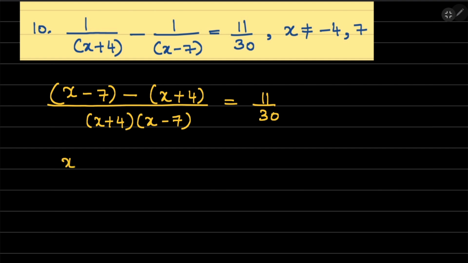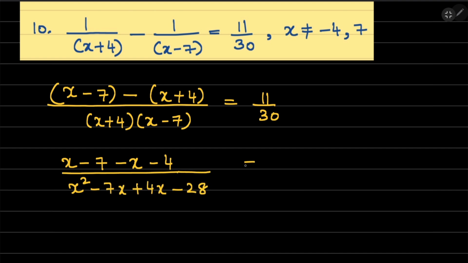Solve it, open the bracket, so you'll have x minus 7 minus x minus 4 whole divided by x square minus 7x plus 4x minus 28 is equal to 11 by 30.